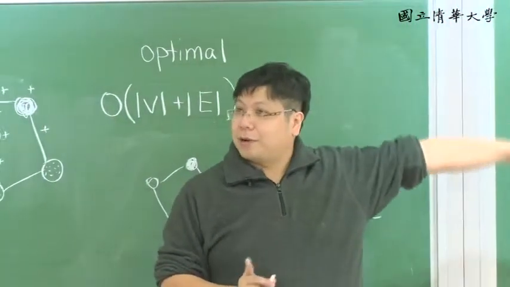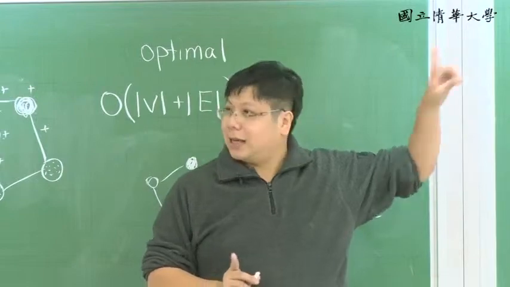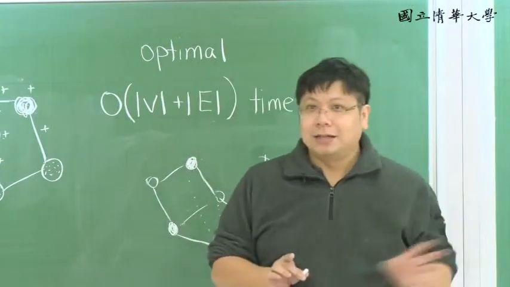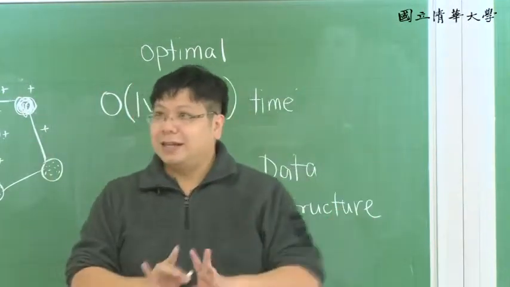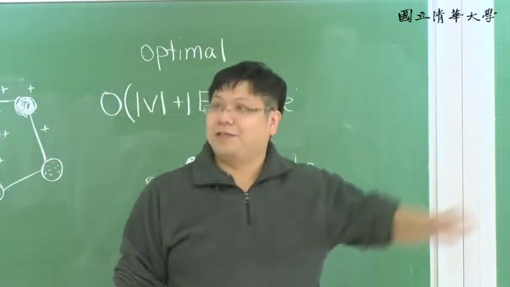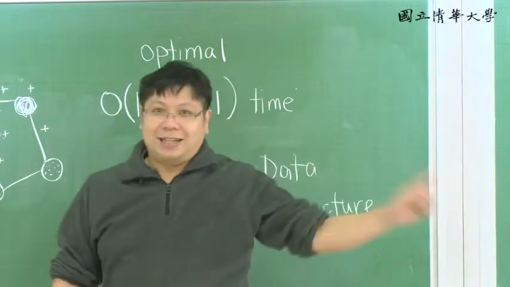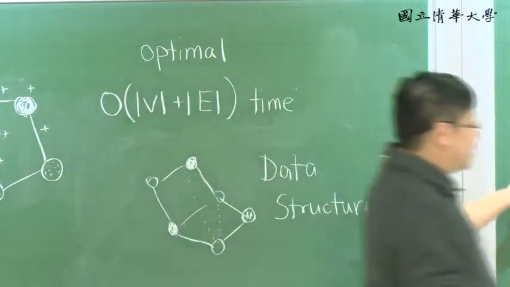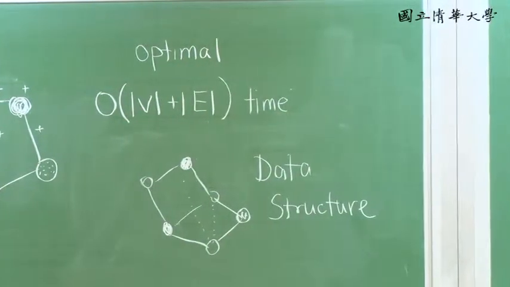But to check if a graph is tripartite, it takes exponential time so far. So far, the cleverest people in the whole world that we know cannot solve this problem quickly. It is still an open problem, to check if a graph is tripartite.